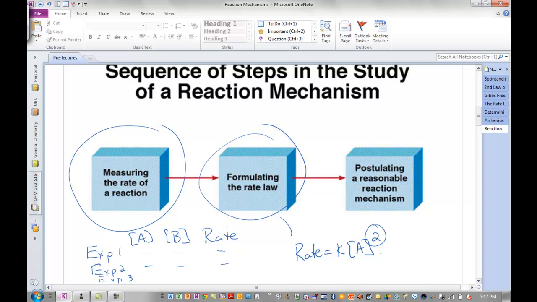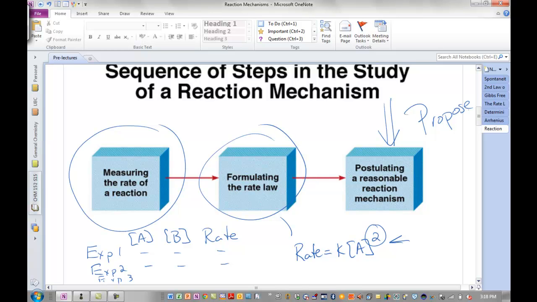B is not showing up in our rate law, so that must come in a later step potentially. Who knows? But what we're going to do is measure the rate, propose a rate law based on the experiment. We've practiced problems like this in class. And then based on the rate law we determine, we are going to propose a mechanism.